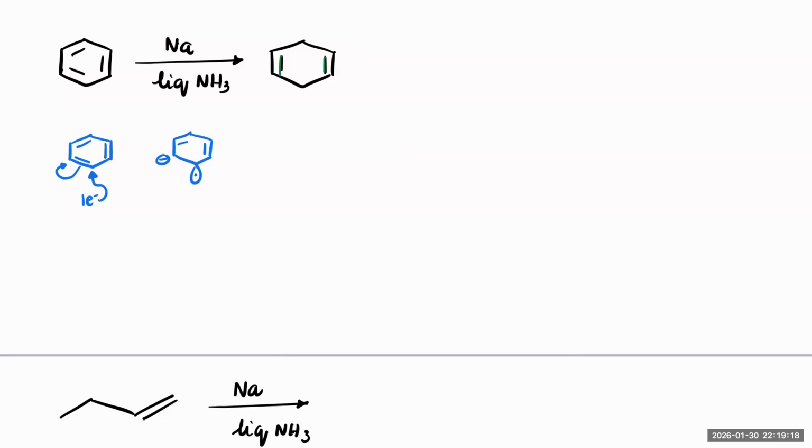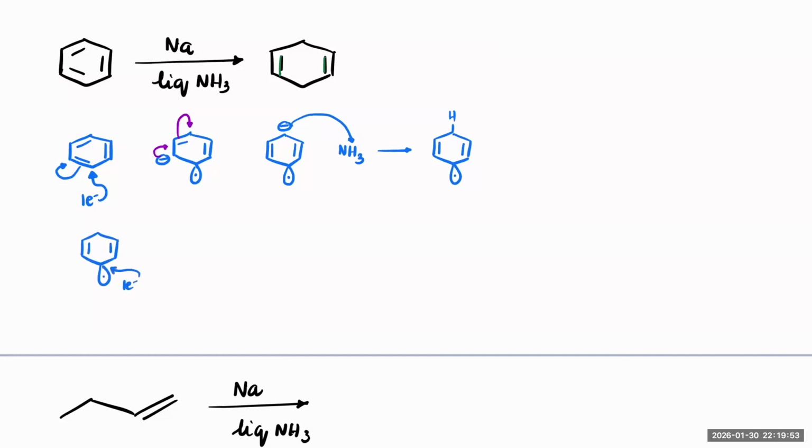And due to this resonance stabilization, the pi bond will push here, due to which now the negative charge will appear here, double bond will be here, double bond will be here, and single electron will be here. And this will take H plus from ammonia, thus giving you H here with double bond, and single electron.